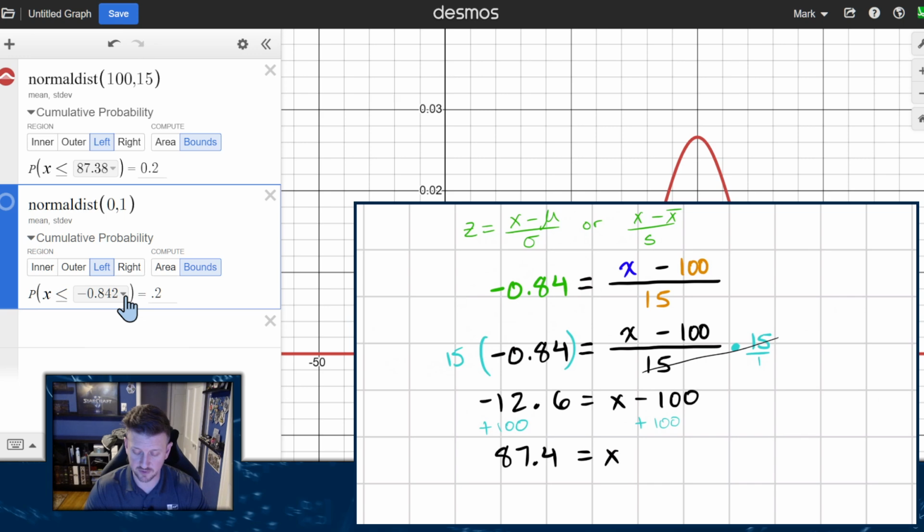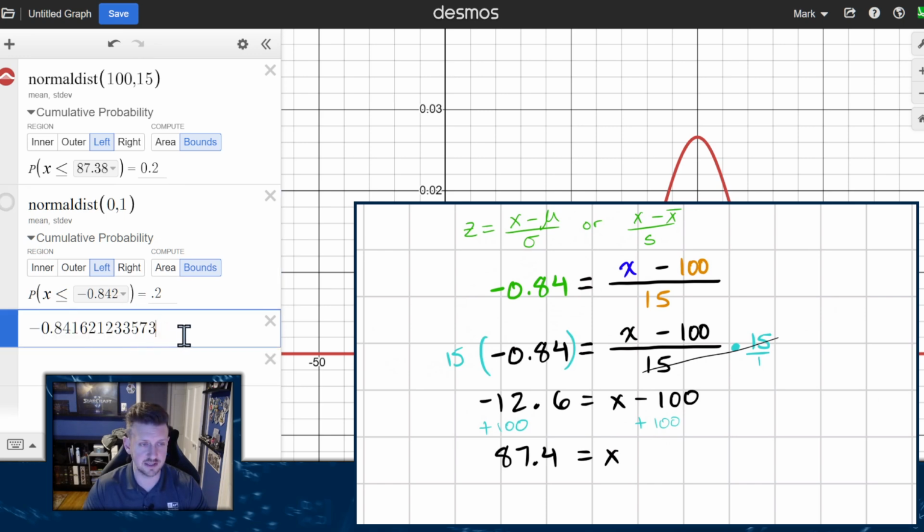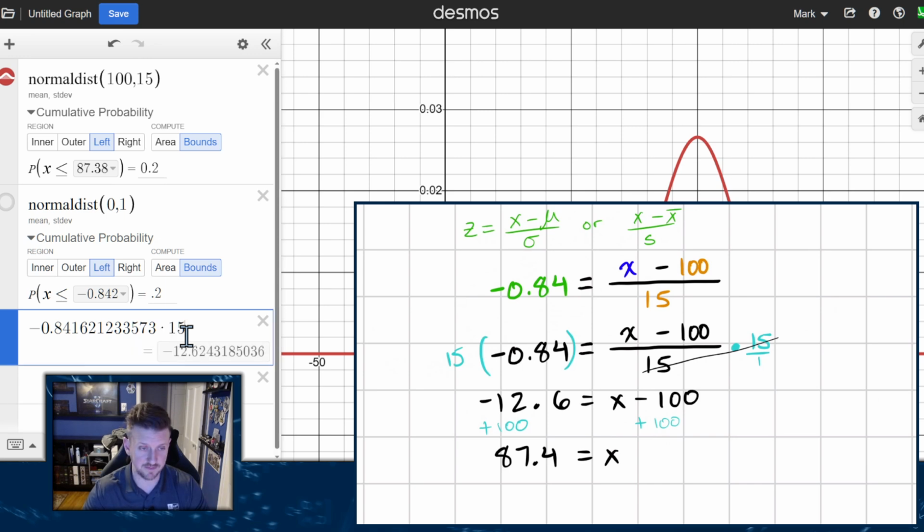So when I do the math for this, I put in that for my z. I don't know my x. My x is my unknown. I do know my mean and standard deviation. They're 100 and 15. And then we just do a bit of solving. Multiply both sides times 15. And then add the 100 over. And that's why this might come in handy. I'm going to export this out. Go ahead and do the multiply by 15. And then add the 100.